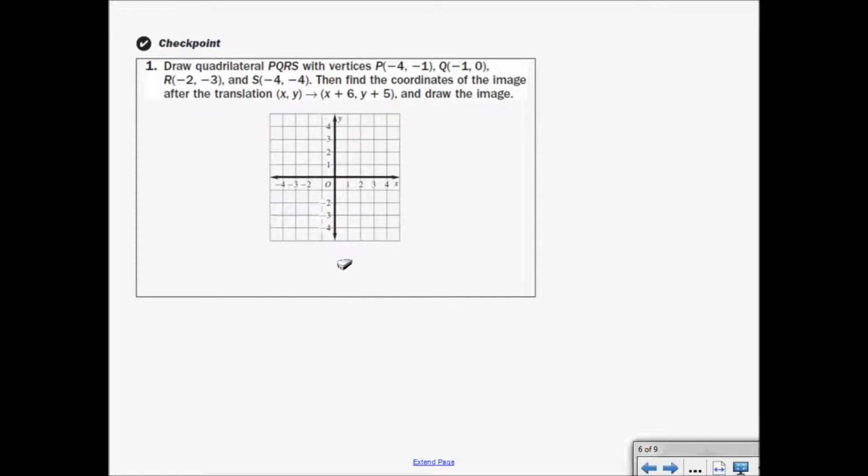Draw a quadrilateral PQRS with vertices P at negative 4, negative 1, there's P, Q at negative 1, 0, R at negative 2, negative 3, and S at negative 4, negative 4.